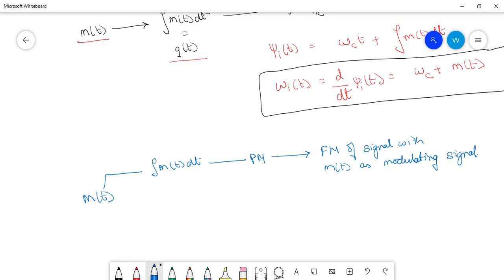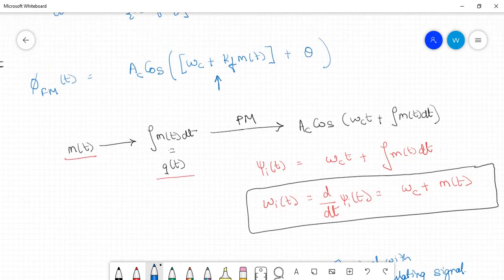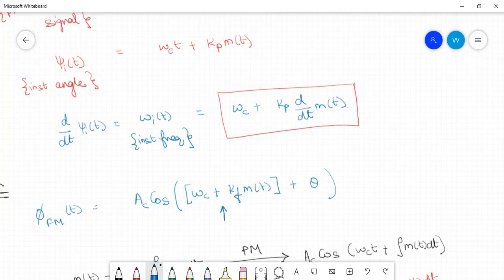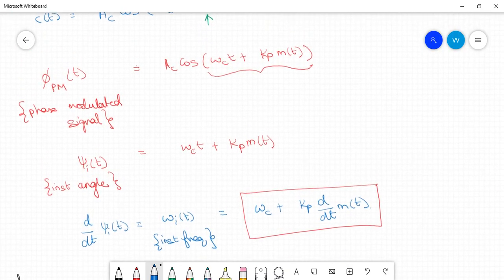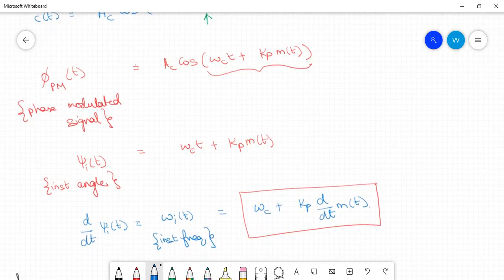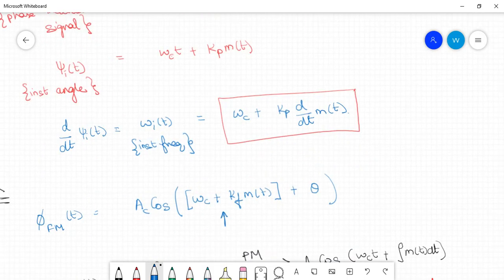Alright, and similarly if I were to take m(t) and do the derivative of this, d/dt of m(t), this is the same thing we have done over here. This instantaneous frequency is nothing but omega_c plus k_p times d/dt of m(t). You have basically done the phase modulation of d/dt of m(t).